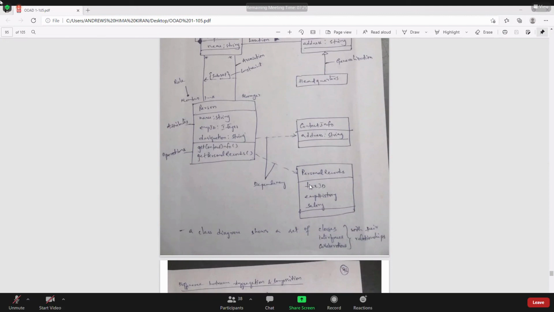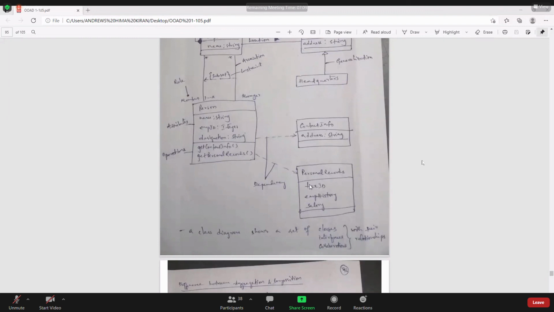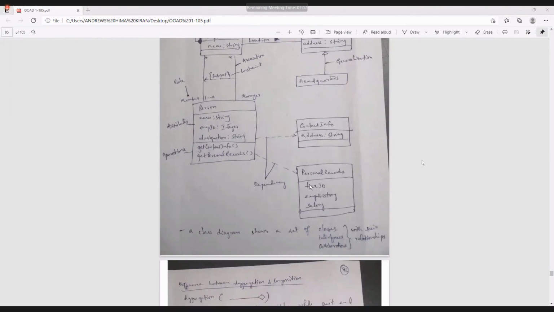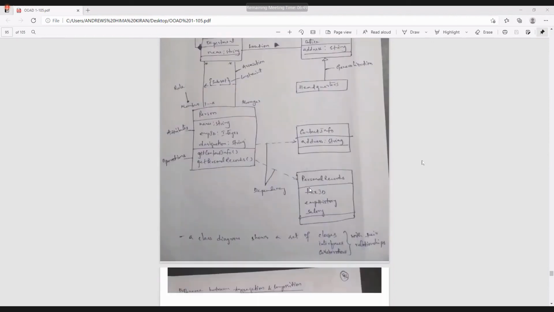So here person is considered to be the independent entity, and the contact info and the personal data are considered as dependent entities. The dependent entity will change according to the changes which we make in the independent entity. That means if we change any contact info and any personal record, obviously it affects the details of the person, like that. So this is one example for a class diagram.